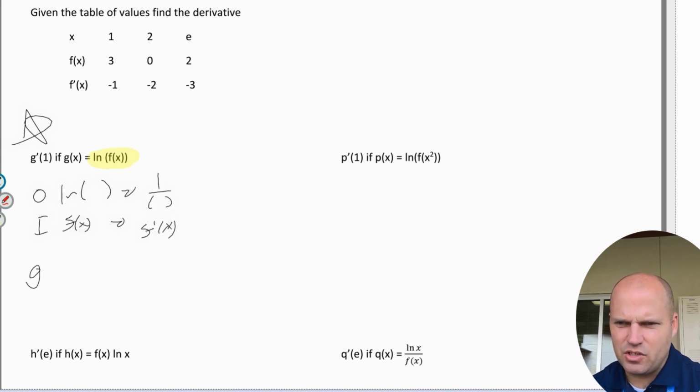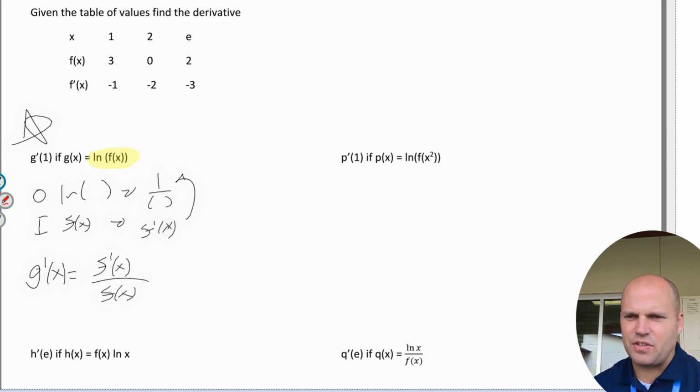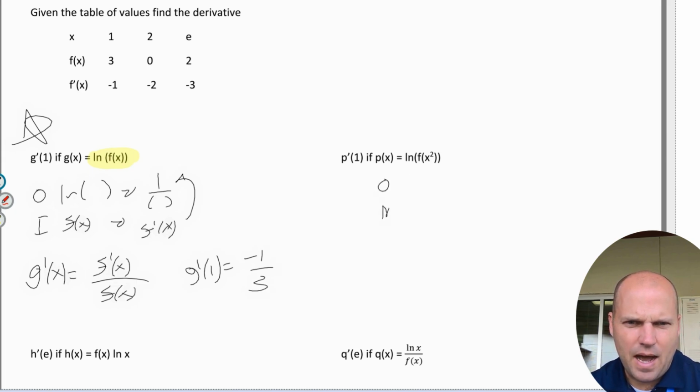What does that make g prime? f prime can go up top, f prime of x over what started in the parentheses, f of x. It's really cool. It's like the slope over the y value. g prime of 1: f prime of 1 is negative 1, f of 1 is 3. This is an OMI.